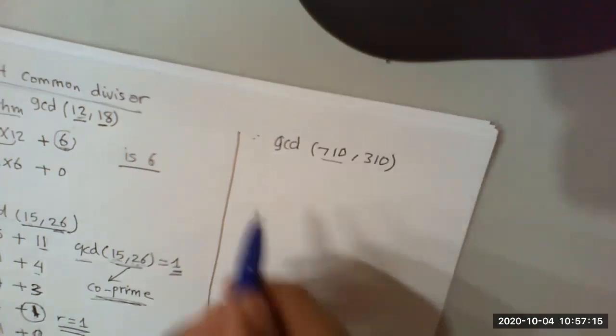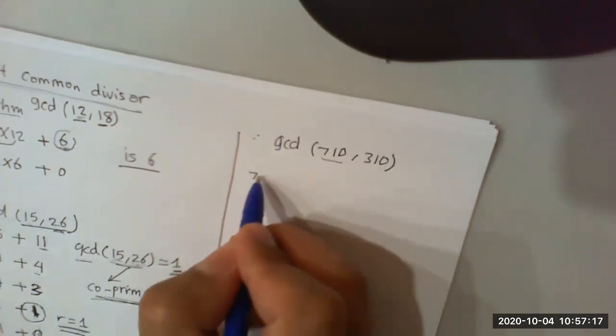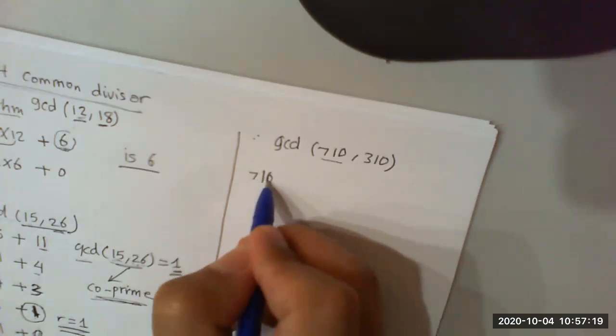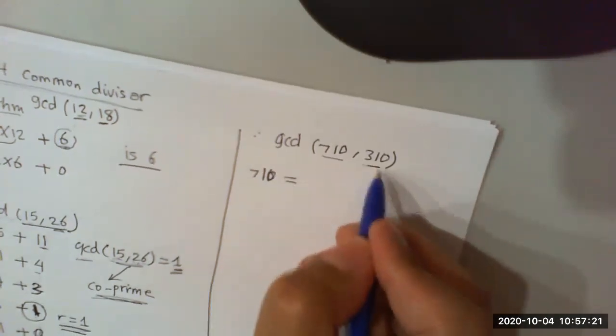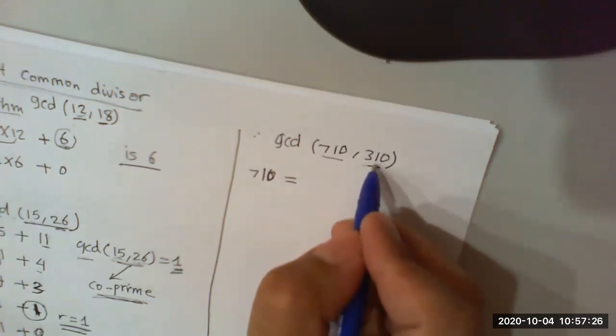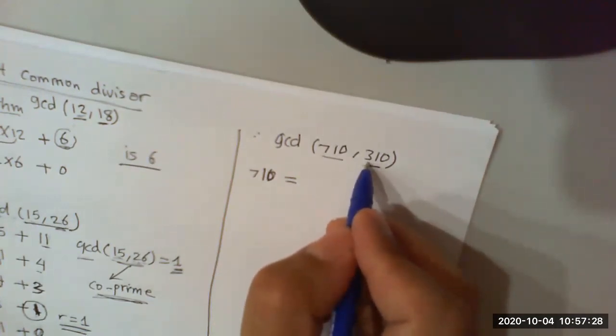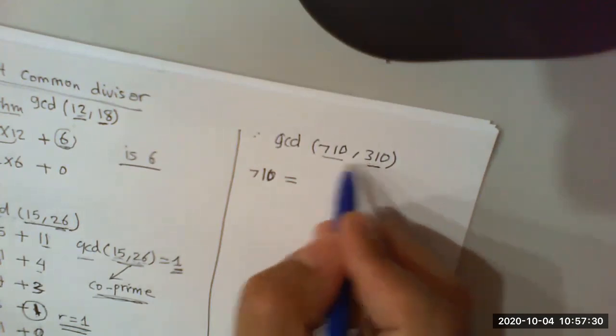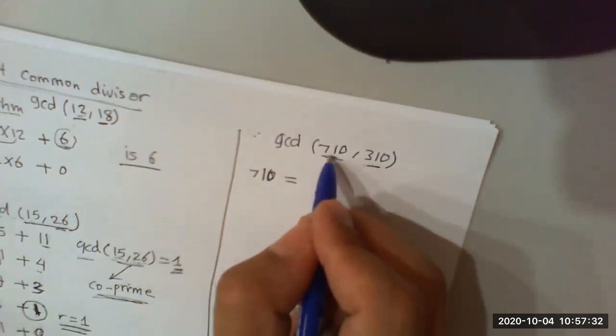I take the biggest number, 710. 710 equals how many of 300s? I can say this is 2, because if I multiply by 3, it's going to be 900, but I want it less than or equal to 710.